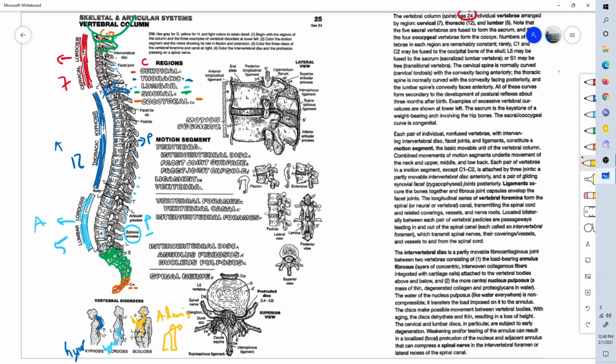But the spine, the vertebral column, is not a rigid structure. It is not like a pole or a baseball bat. It is movable. And so each pair of vertebra is considered a motion segment. This is a motion segment with the vertebra above and the vertebra below. This happens to be L4 and L5 right here.